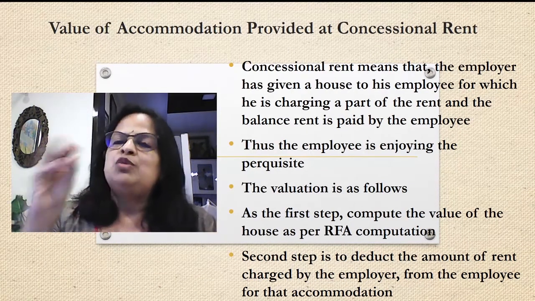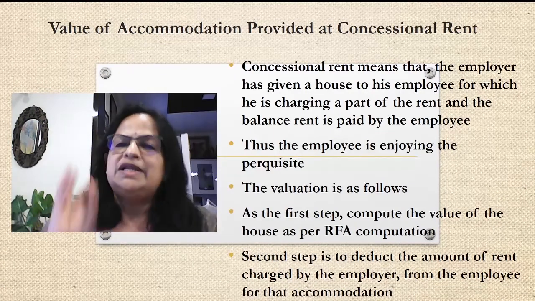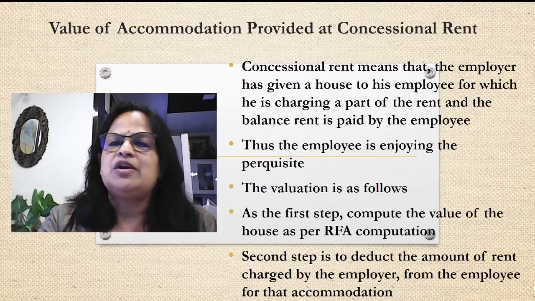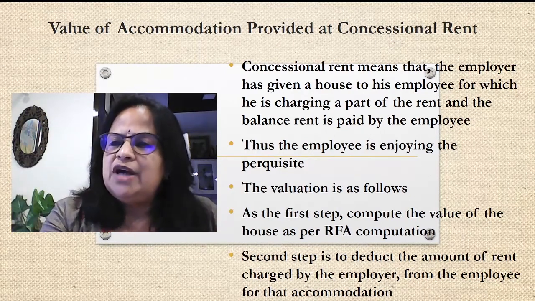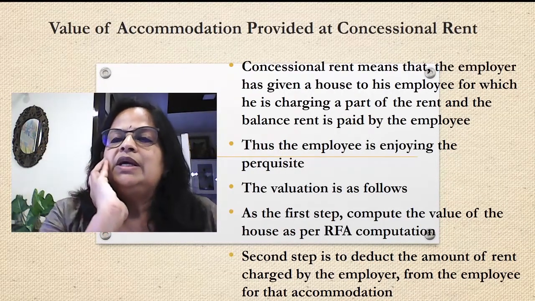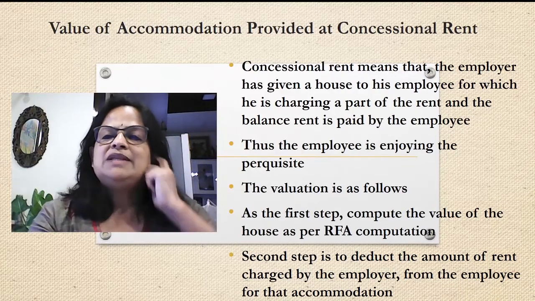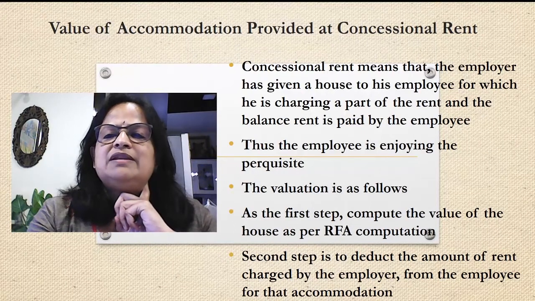So whatever is paid by the employee, we will deduct from the computed RFA value. That is the concept of concessional rent accommodation. So concessional rent meaning an employer has given a house to his employee for which he is charging a part of the rent and the balance rent is paid by the employer.